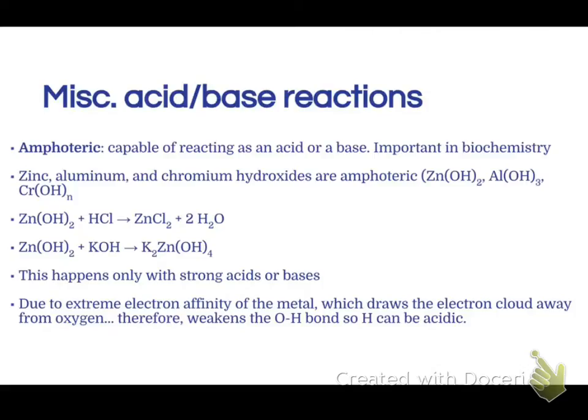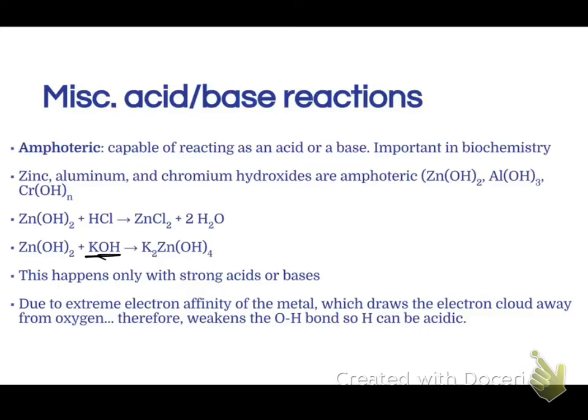The decision about whether to act like an acid or a base is made based on what else you pair it with. So for example, zinc hydroxide, Zn(OH)2, is very good at being amphoteric. So if I put HCl in with my zinc hydroxide, it'll make ZnCl2 and H2O. If, on the other hand, I put a base in, such as KOH, it is going to form a completely different compound with completely different properties, different color, different solubility, different everything.